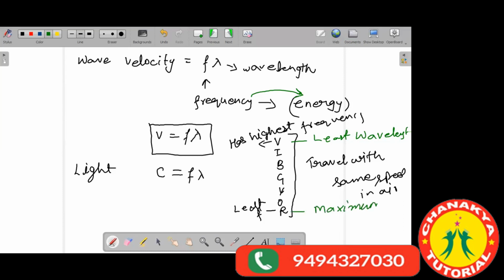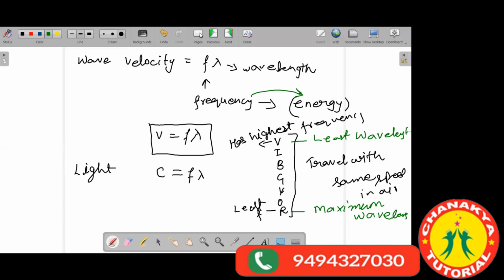Violet. Yeah, violet has the least wavelength and red has the maximum wavelength. So you can also say that VIBGYOR is arranged in the order of increasing wavelength or decreasing frequency.